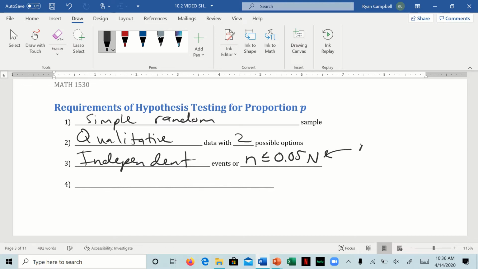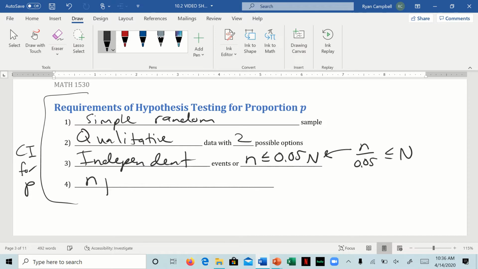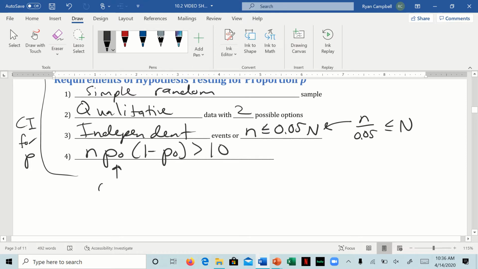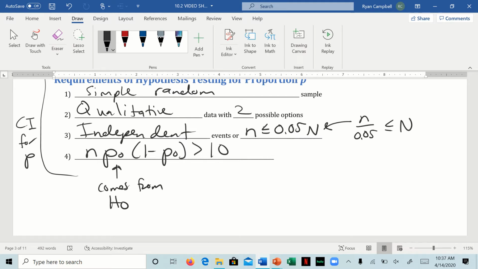Another way we could write that is if we divide our sample size by 0.05, that should be less than or equal to the entire population. And then lastly, we have a formula. These are all the same as our confidence interval for population proportion. This time, it's going to be n times p naught times 1 minus p naught has to be greater than 10, where p naught comes from H naught. So whatever we have in H naught, that's what we're going to use for p naught.